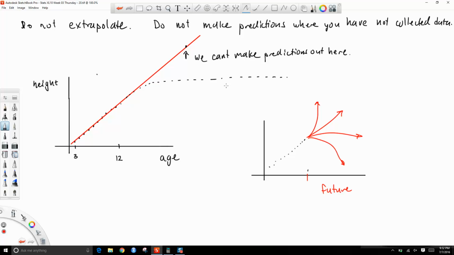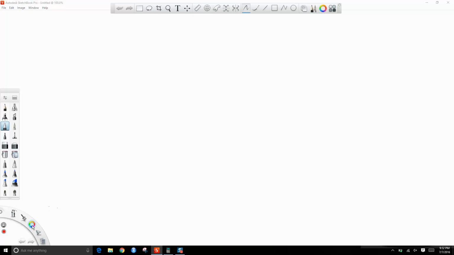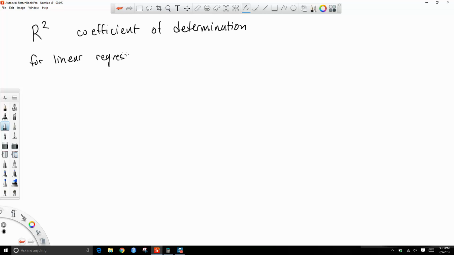Okay, I got one more thing for you. The last thing is r squared. This is called the coefficient of determination. Basically for linear regression, we take our r, the correlation, and if we square it, it turns into big R squared.